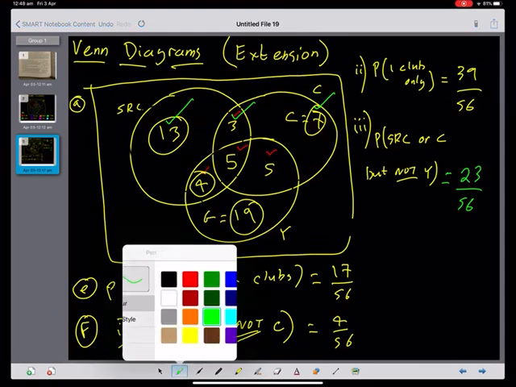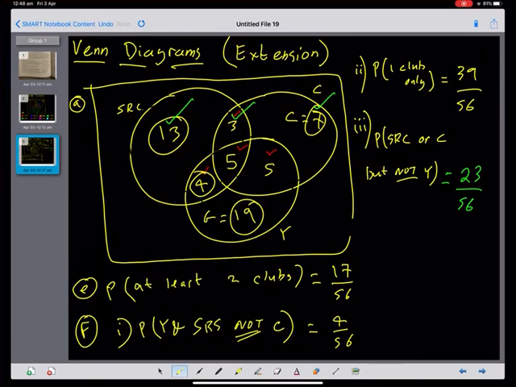Okay, so the last one is going to be IV. Last one says at most 2 clubs. Probability at most 2 clubs. Okay, and I hope you can see that that is 51 over 56.